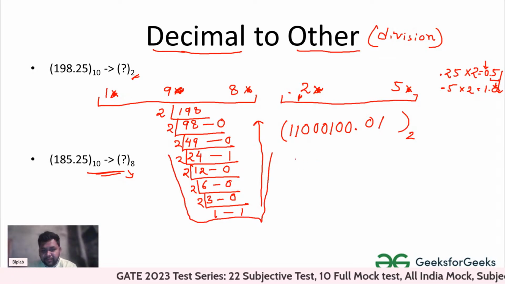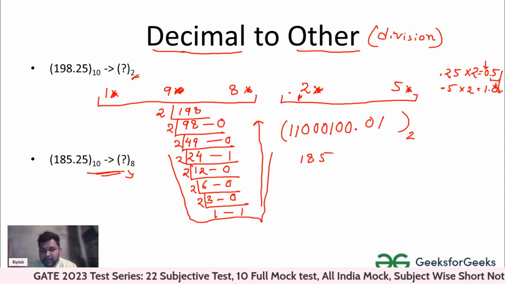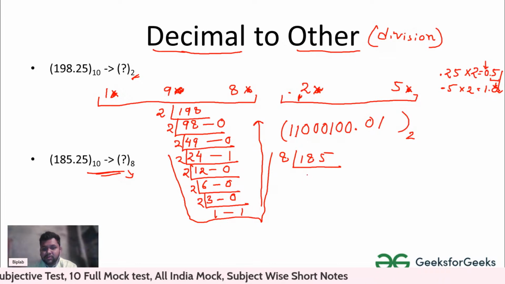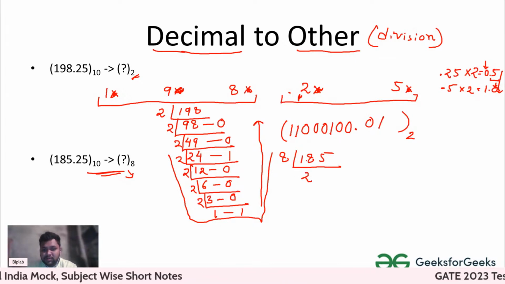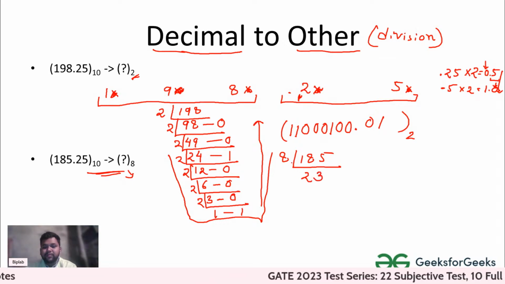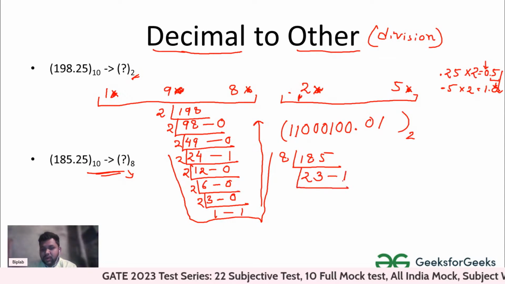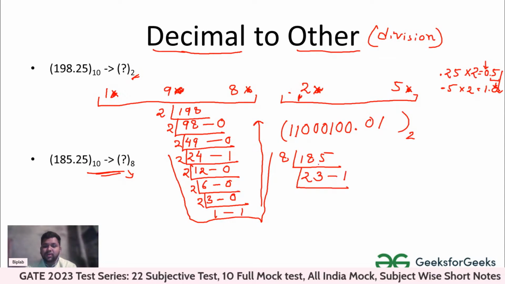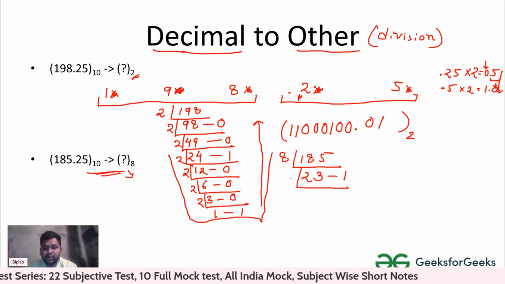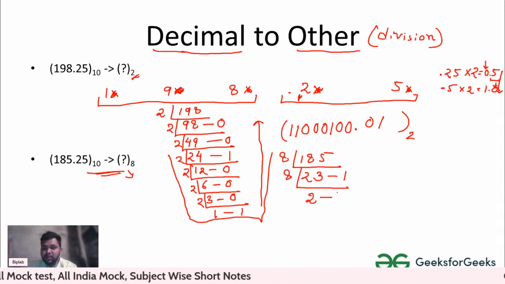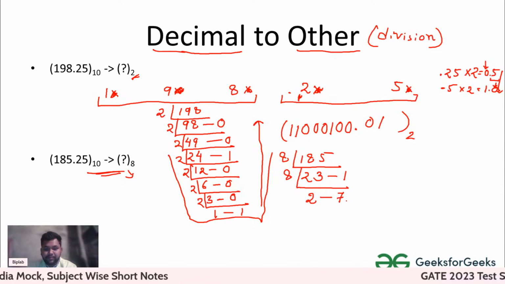So 185 dividing by 8. First we will divide by 8, we get 23, and the remainder is 1. Again divide by 8, the remainder is 7.